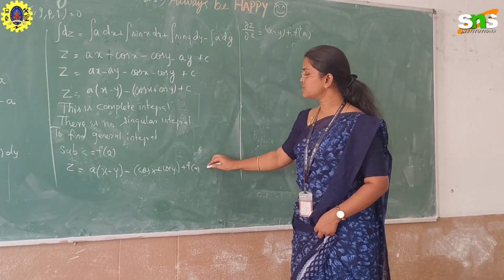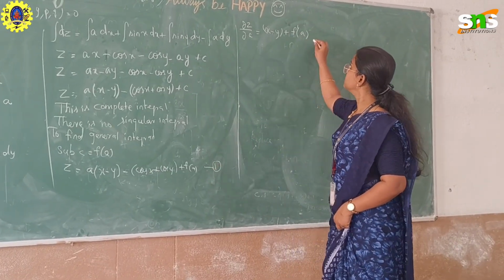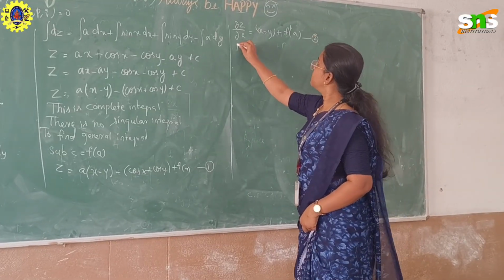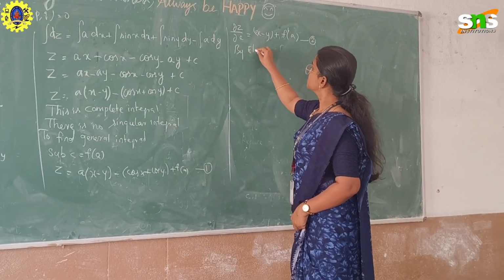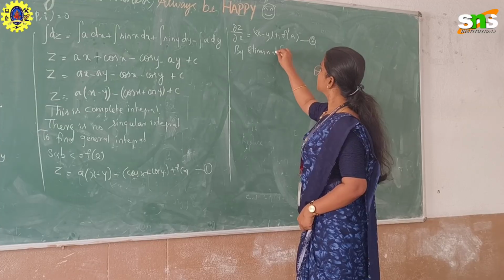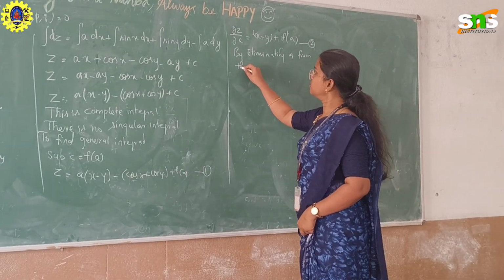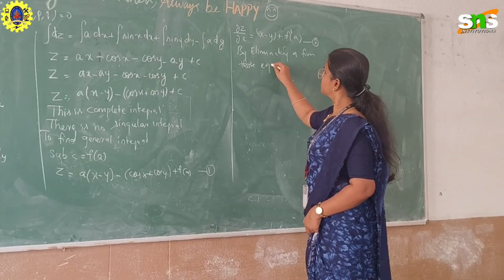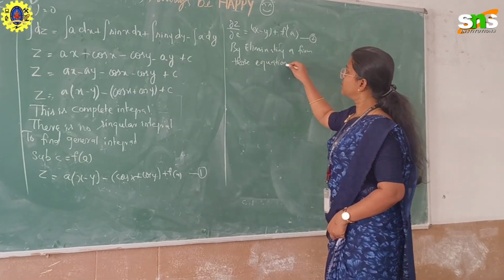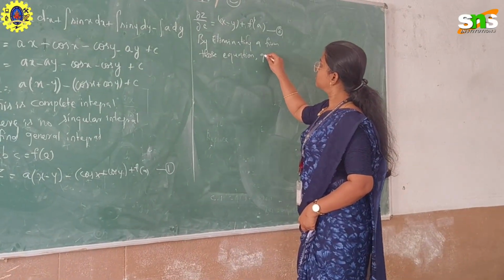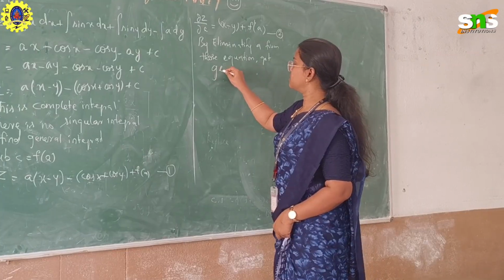I am marking these as equation number 1 and equation number 2. So by eliminating a from those equations, we will get the general integral.